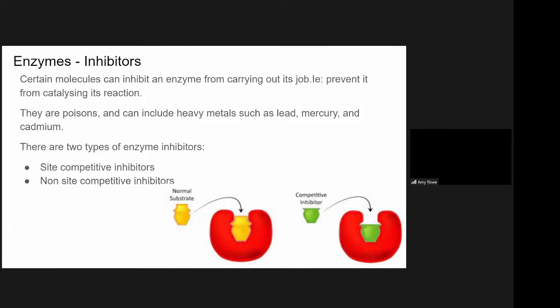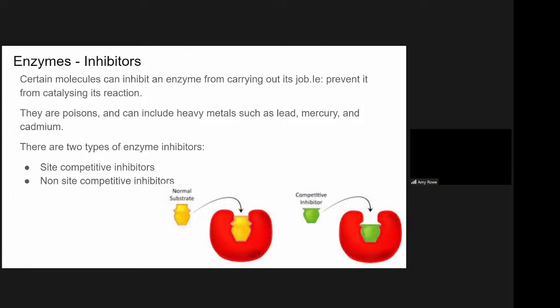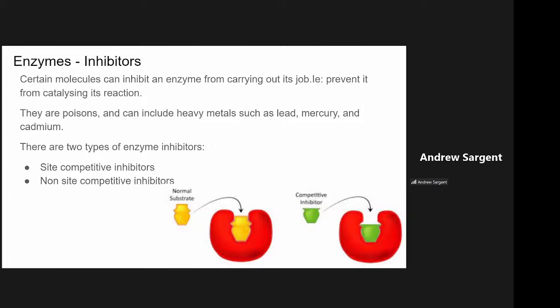So they're both required to catalyze a specific reaction. Cool. Do they need to know that for level 2 though? No.